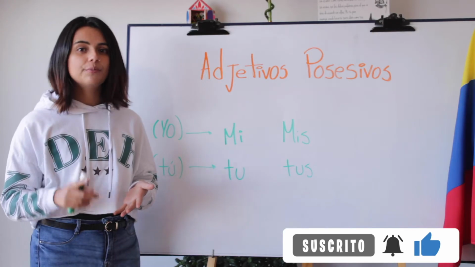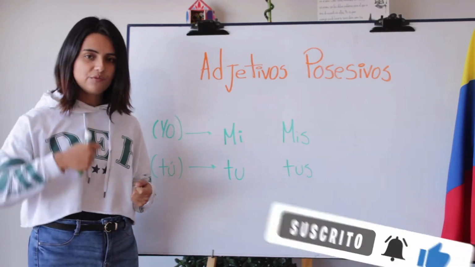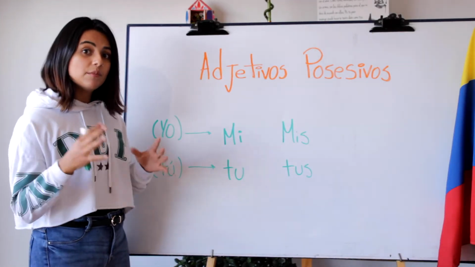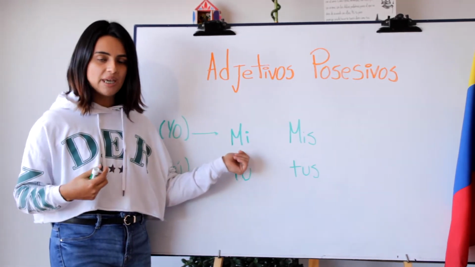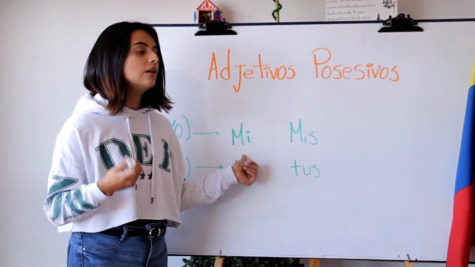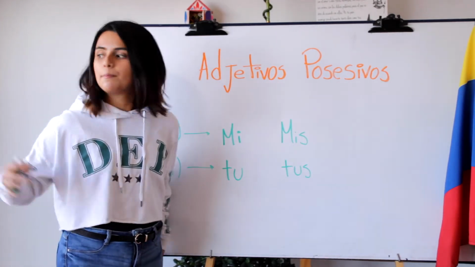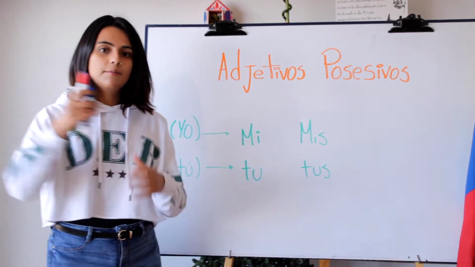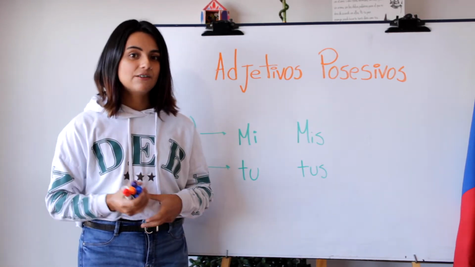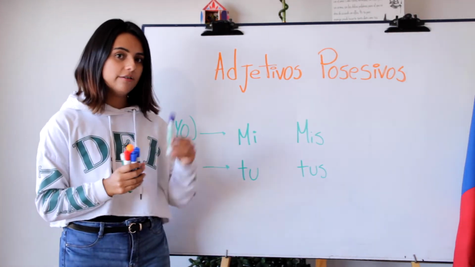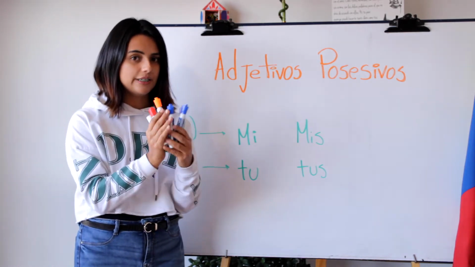If you don't know them, please go back and watch my video and come back to this one. When we're talking about yourself, yo, you will use mi marcador, and if it is plural, mis marcadores. See? That's the difference. So, mi marcador, mis marcadores.